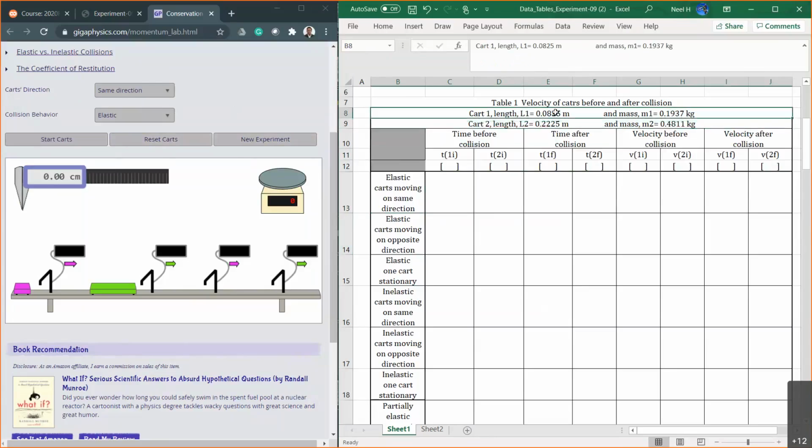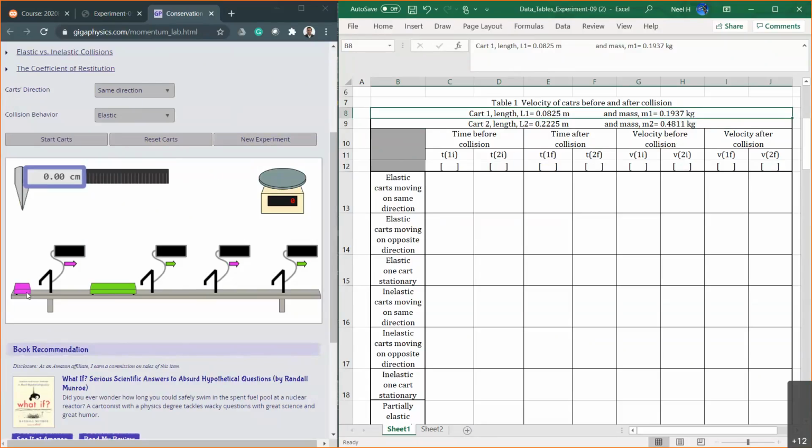That is not good, because we assume mass and length stay constant throughout the different types of collisions; otherwise we cannot compare and understand this behavior. In a class setting, we're not going to get different lengths or masses each time. Make sure you never click new experiment.